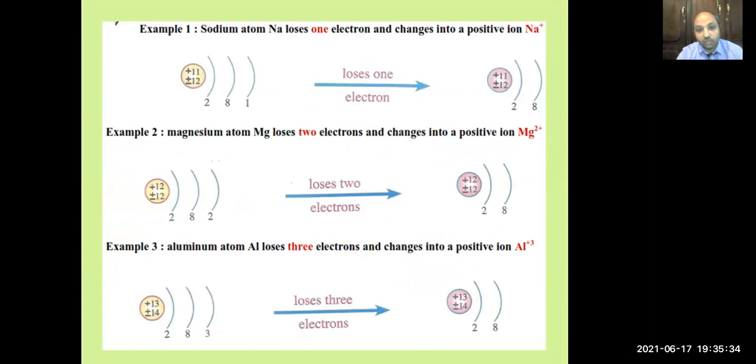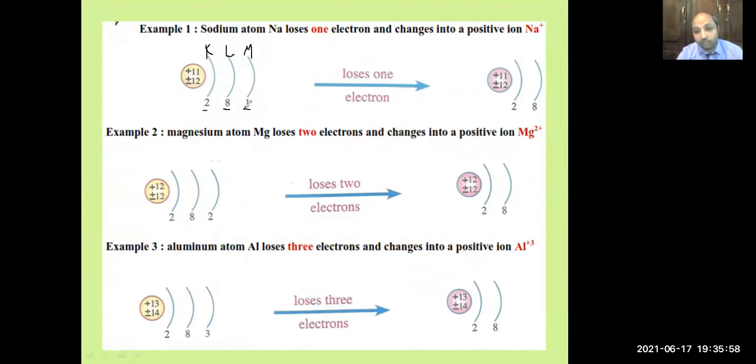Example number one, sodium atom. This is the electron configuration of the sodium atom: K, L, M. Energy level K has 2 electrons, L 8 electrons, and M 1 electron.